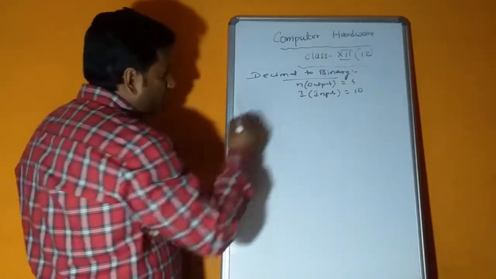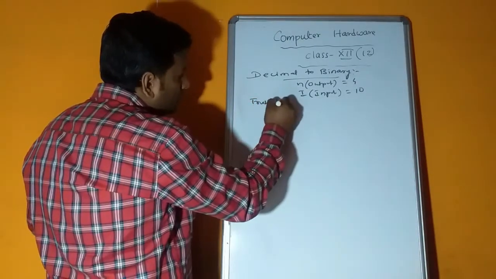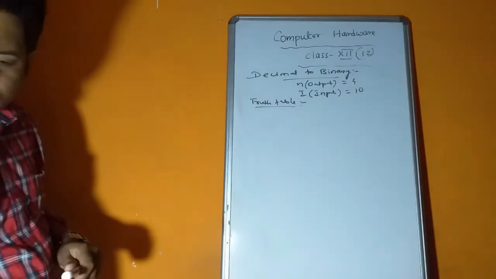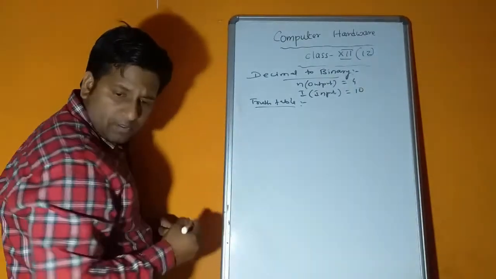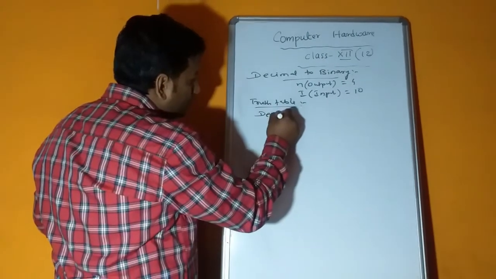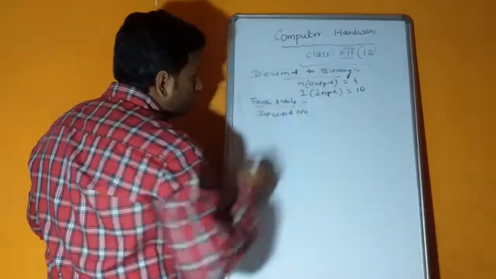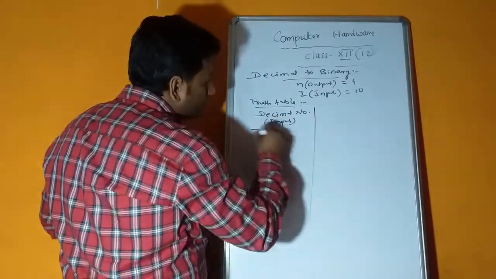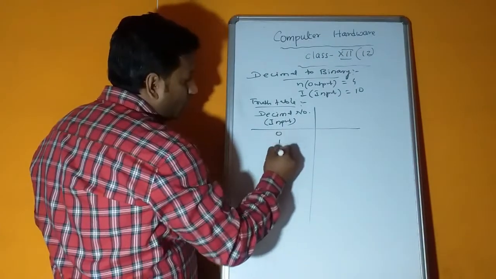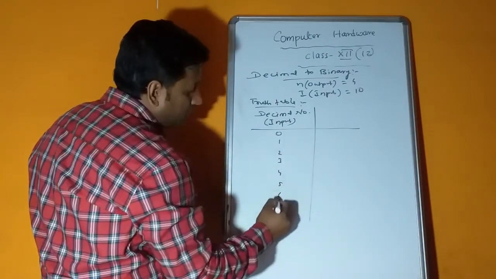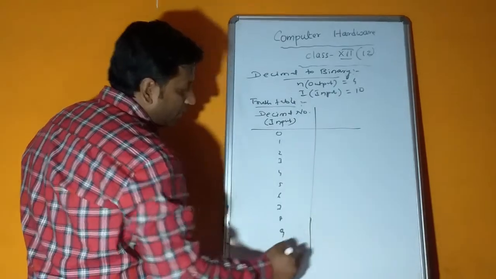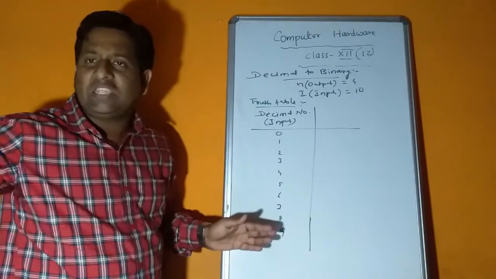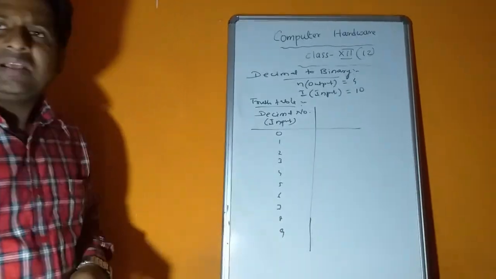So now first of all, let us go for the truth table for decimal to binary. First I'll write the decimal number as input: 0, 1, 2, 3, 4, 5, 6, 7, 8, 9. In case of hexadecimal, we have to go in the same way. After 9 it will be A, B, C, D, E, and in total it will be 16.